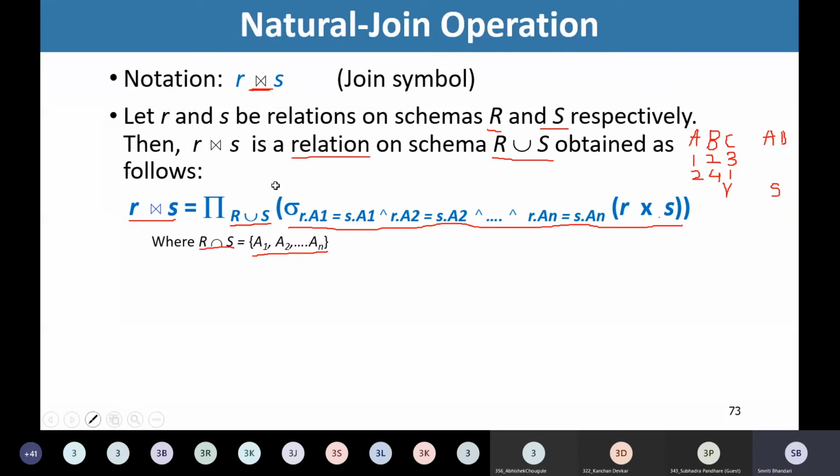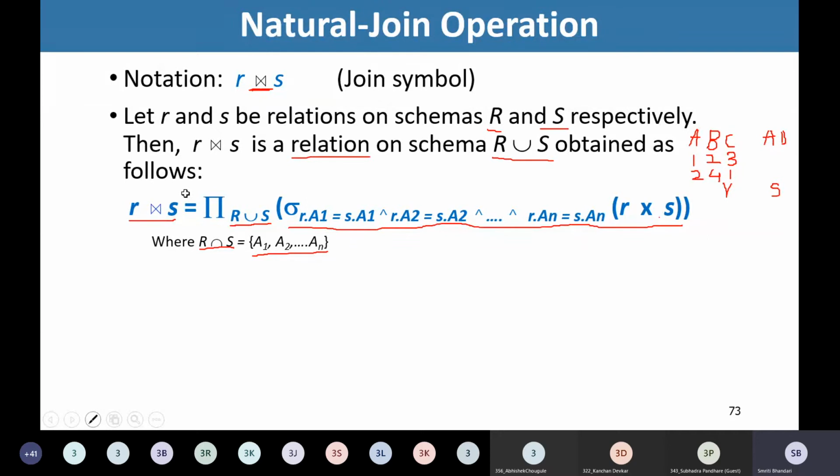Capital S is having 2 attributes, say A and D. And we are having 2 instances now of relation R on R and S on S. So this is my relation R on capital R, and this is the relation S on capital S. So the attributes of R are A, B and C, and the attributes of S are A and D.